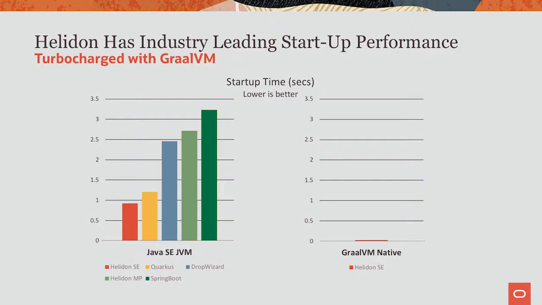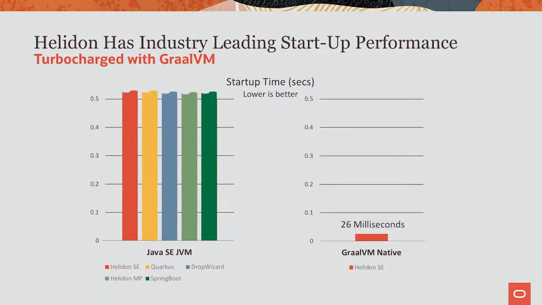When you take that code and run it with Graal and do native compilation, you have that little line there, which might be hard to see, but it's 26 milliseconds. So you have a Java application that starts up in 0.9 seconds, 1 second, whatever. You use Graal, you do native compilation, you don't change any line of source code, and you execute it, and it goes down to 26 milliseconds.